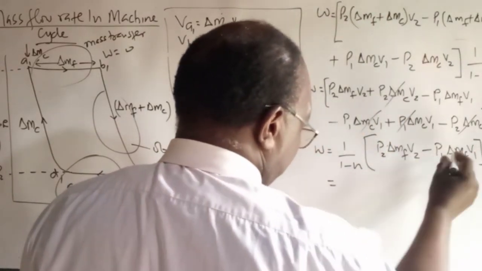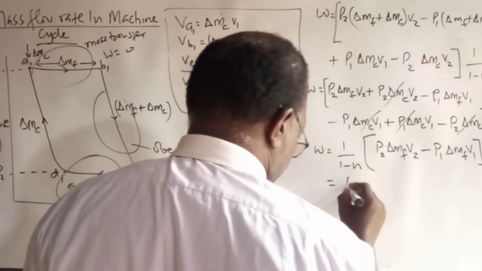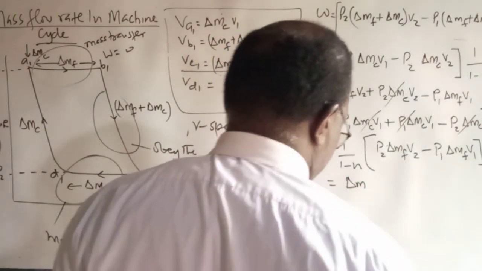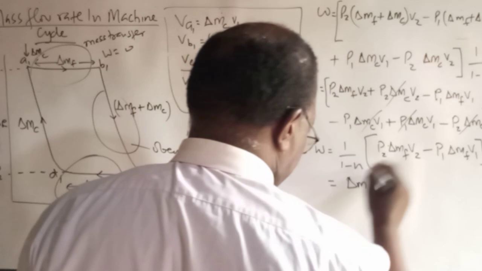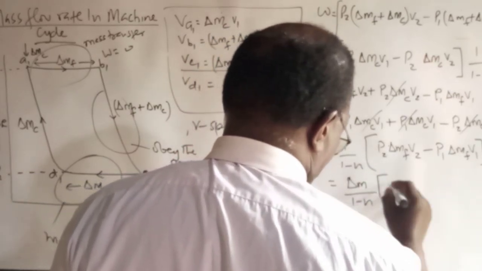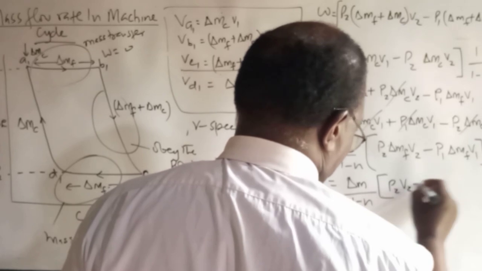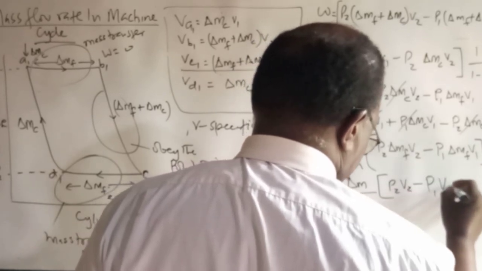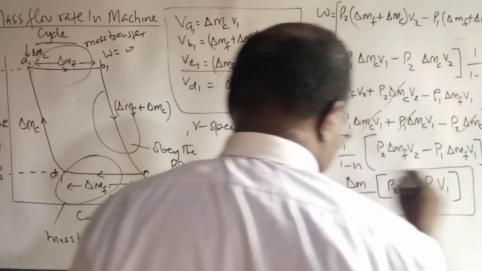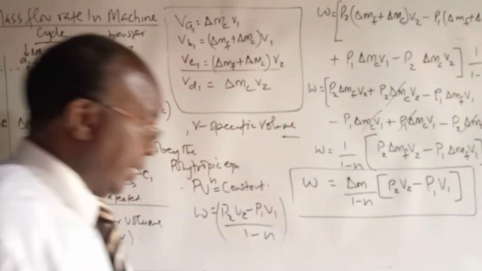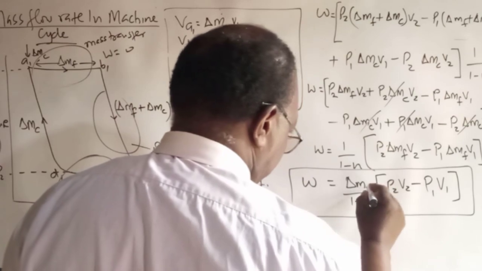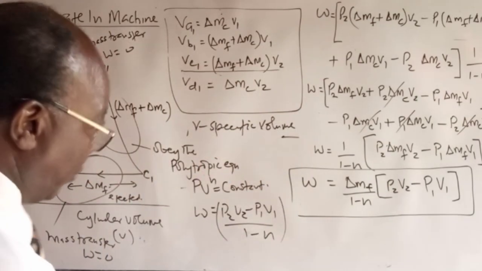So if we factor out this mass flow rate here, we have delta MF over 1 minus n into P2 V2 minus P1 V1 for W. Very important equation. Relates the mass flow rate in the system. That's the equation which you have gotten there.